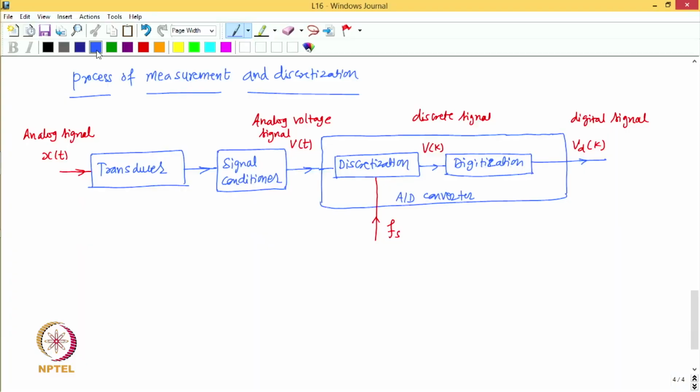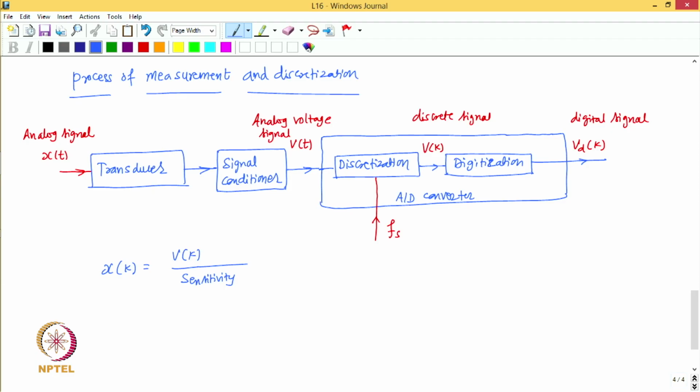So, if I want to know the discrete signal in the units of signal x of t, I can divide Vk by the sensitivity of the transducer, sensitivity expressed in terms of the voltage per unit of signal x. So, in this way I can find out the discrete signal xk.